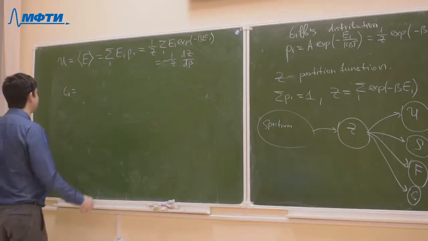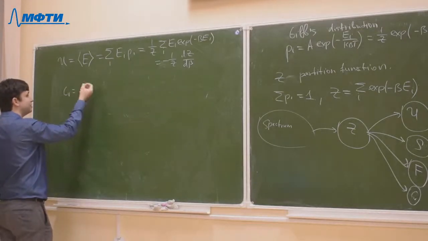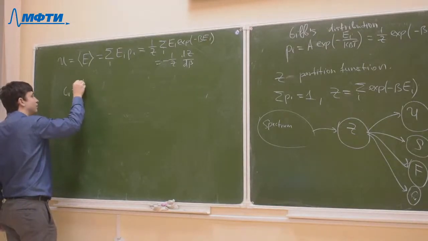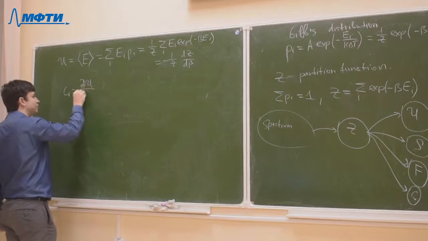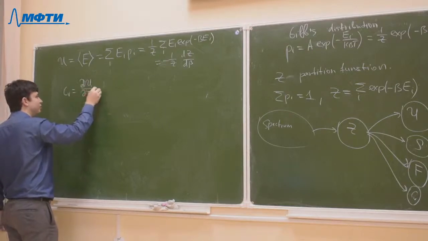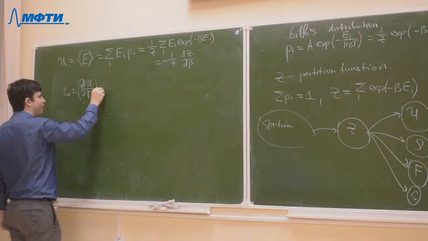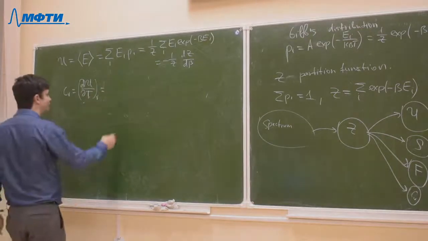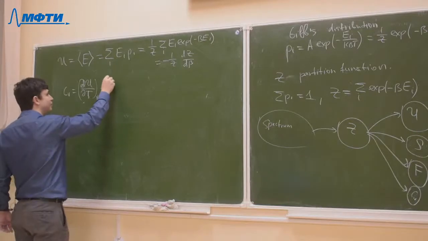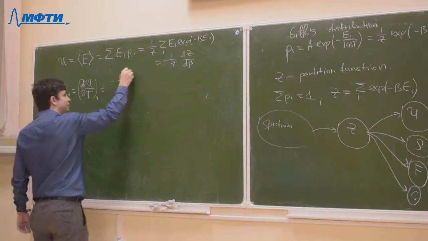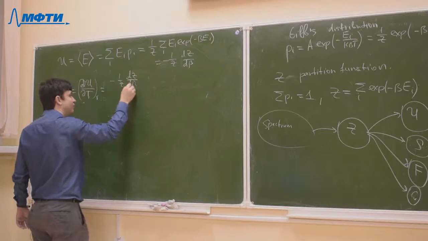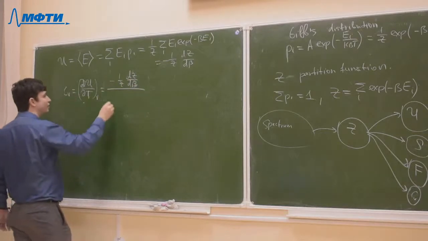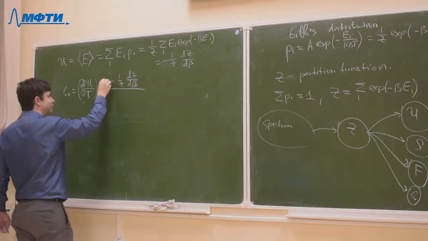So heat capacity at a constant volume is, by definition, dU over dT at constant volume. So now again I have minus 1 over Z dZ over d beta, and again calculate the derivative over dT.